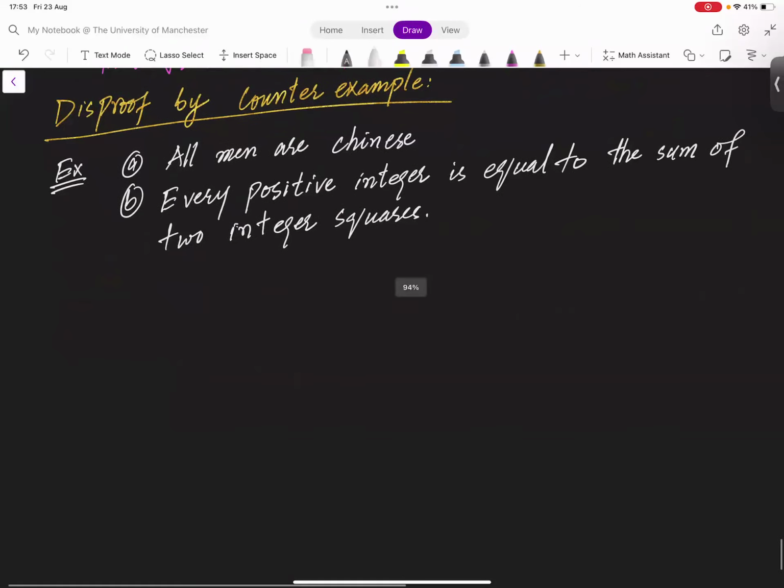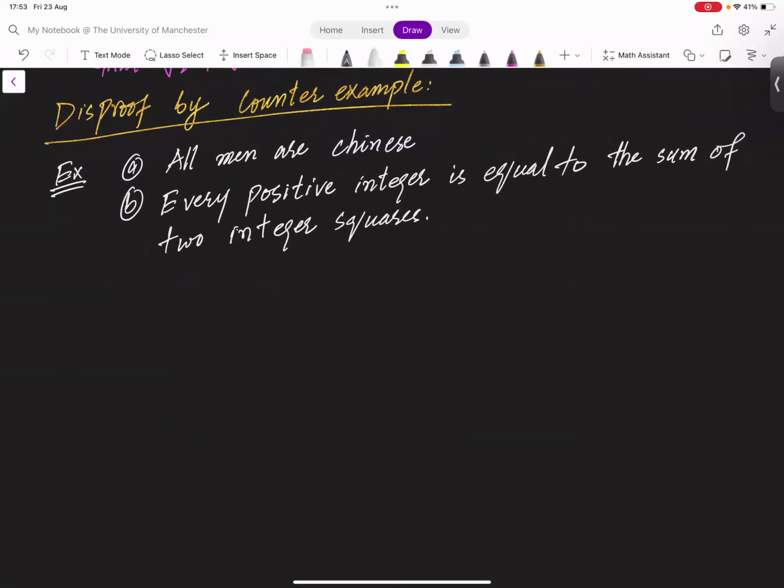Now, as a reader of these statements, you must have this idea in your mind that these statements are false. How to show that?